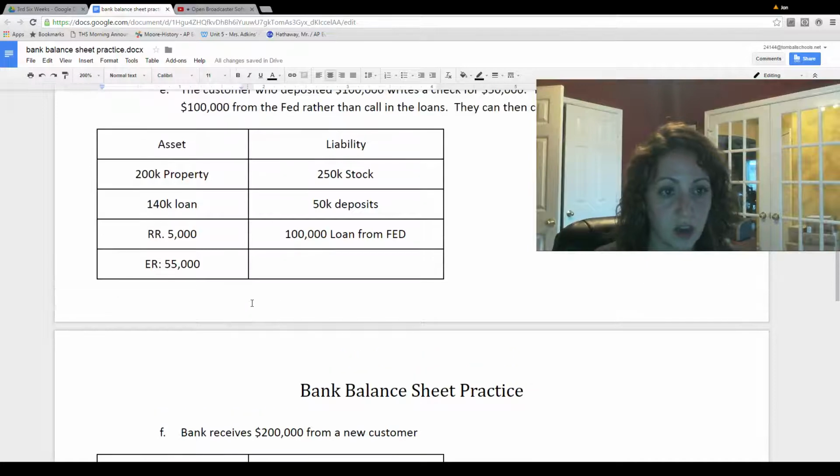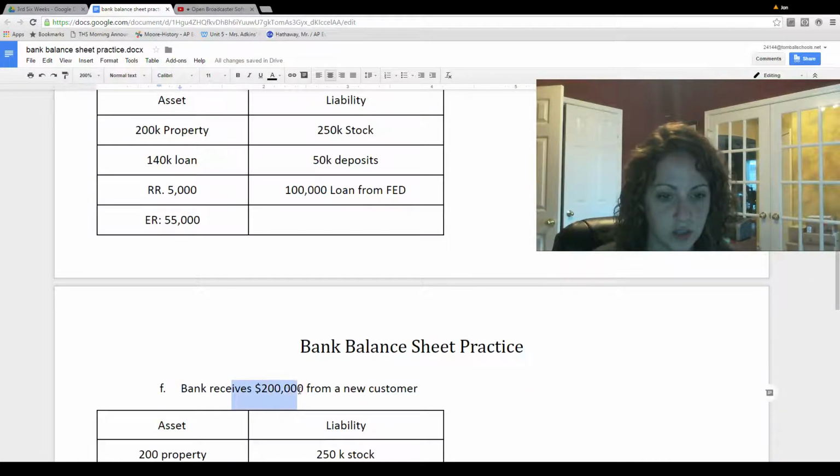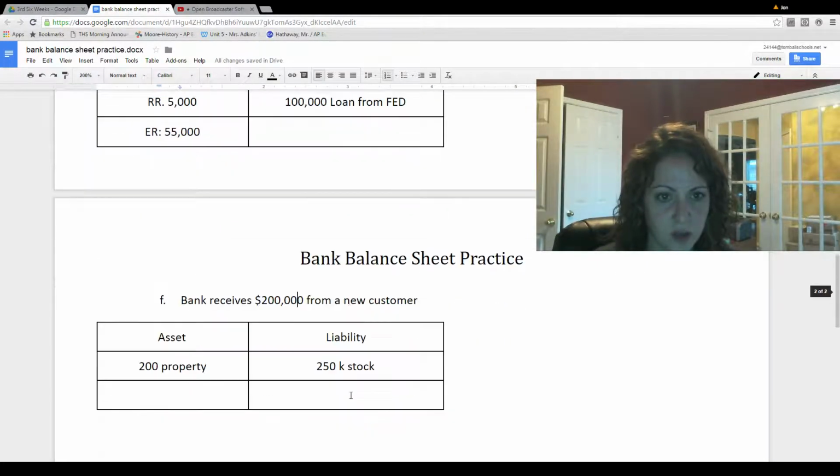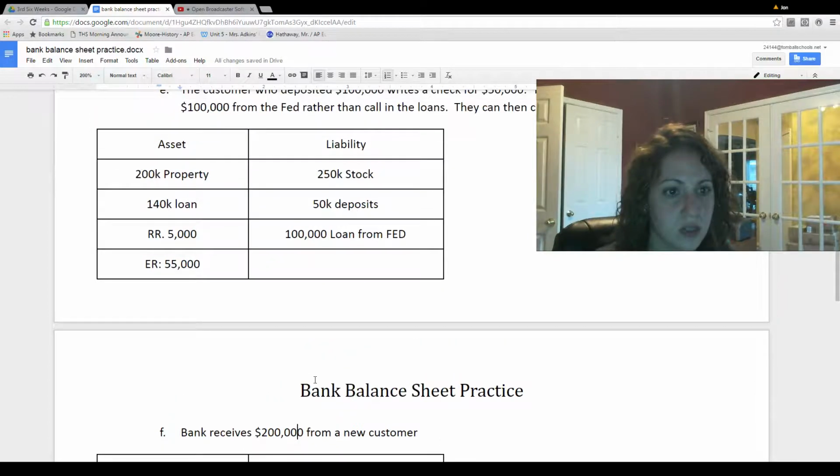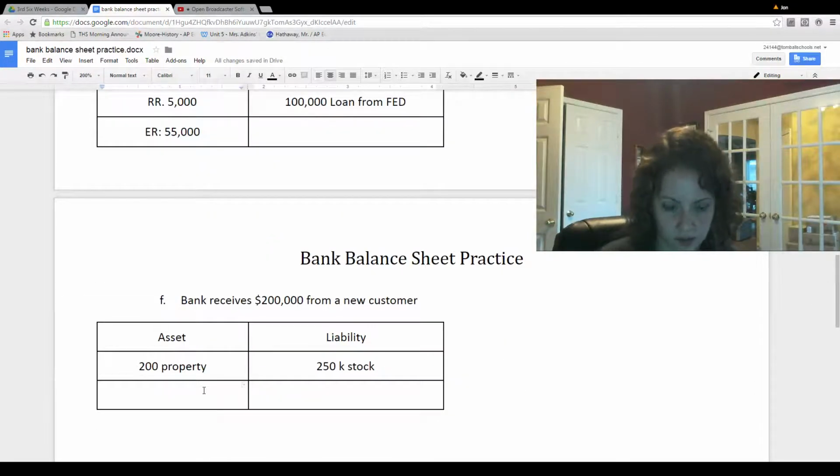Let's see here, that loan, yeah, they receive $200,000 from a new customer. That's not anything to do with a loan. So we've got to bring down that $140,000 loan. And we took out, remember, $100,000 loan from the Fed. Loan from Fed.